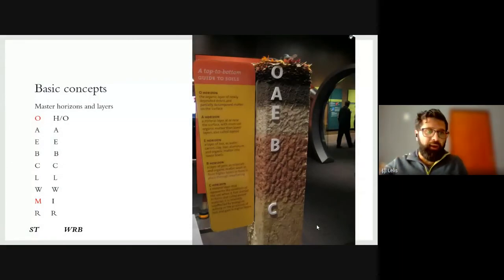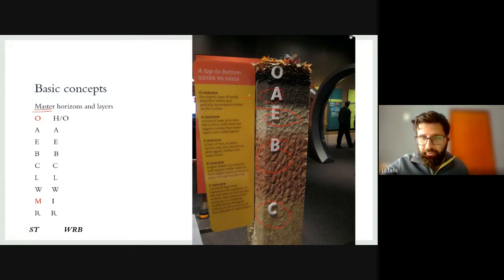Okay, so now we know the difference between a horizon and a layer, and now we need to understand what a master horizon is. A master horizon is a horizon that has unique, particular properties, morphological, chemical, and physical, different between each one. So I can distinguish this part of soil from these others.